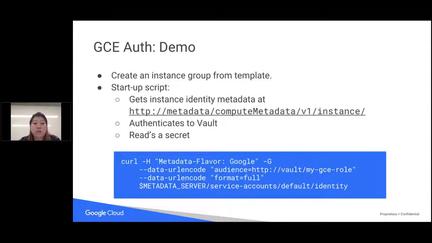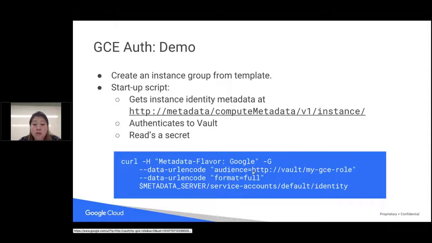So I'll show you an example of this. I'm actually going to create an instance group from a template. So the startup script will get instance identity metadata from the metadata server. It'll authenticate to Vault, and then it'll read a secret. So with curl, you can see this is what the curl command looks like to get the metadata.